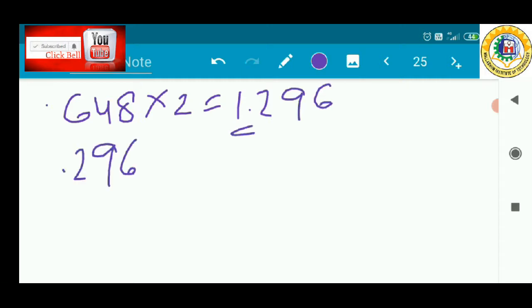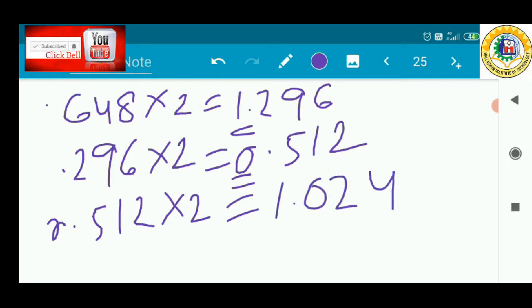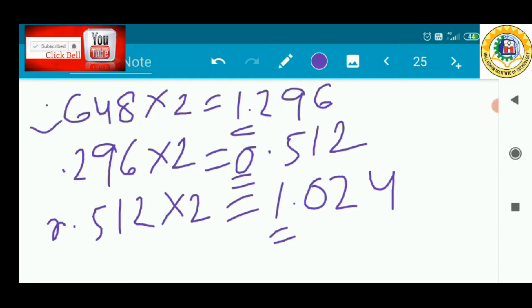Next 0.296 into 2 comes out to be 0.592, that is 0. Next 0.512 into 2, this is the final step, 1.024, this is 1. So this is 1, 2, 3, 4, 5, 6, 7, 8. We will consider up to this.